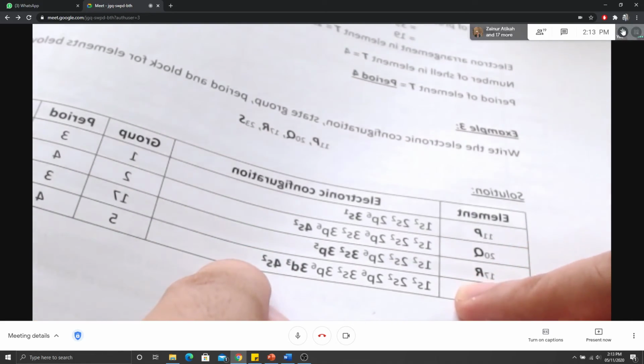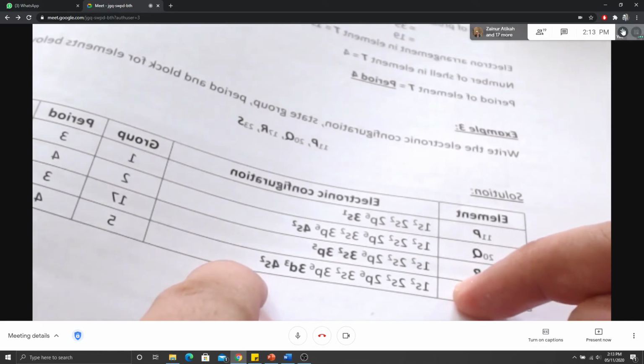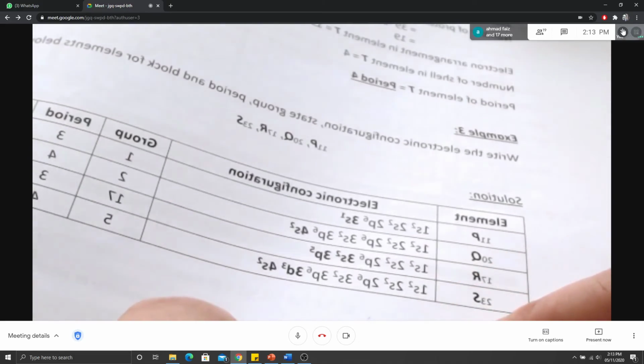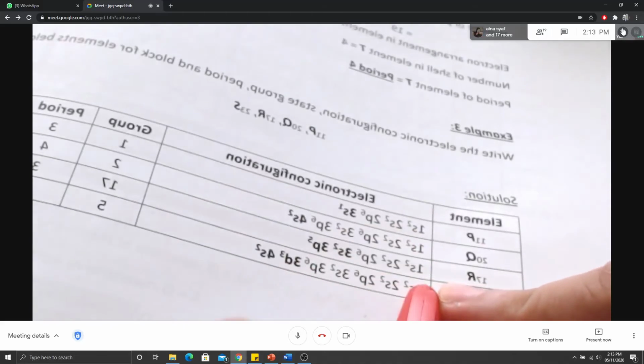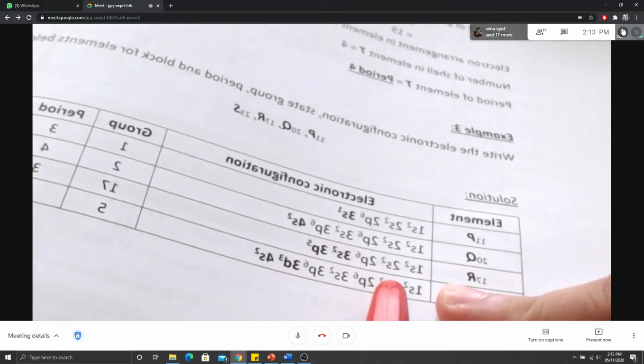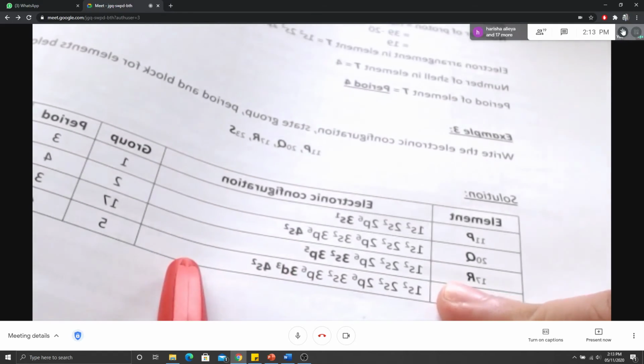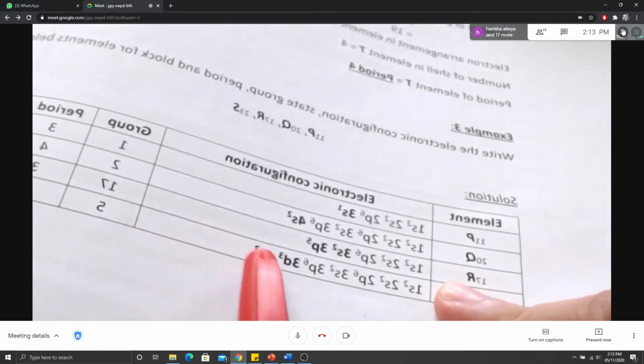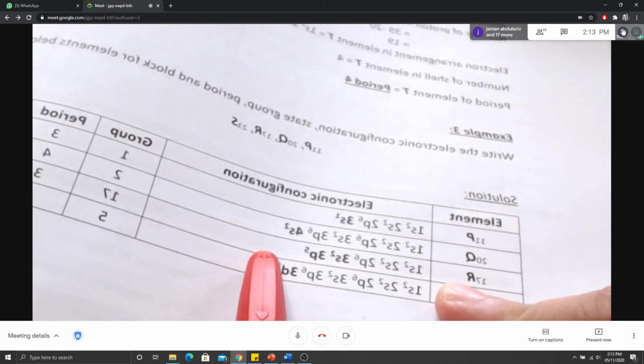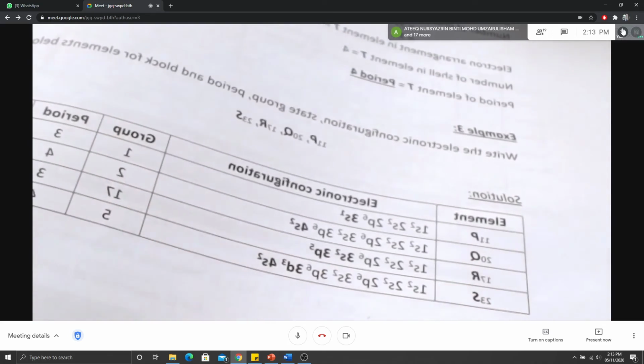Some books and some people prefer to susun balik supaya you nampak this is shell n equal to 1, shell n equal to 2, shell n equal to 3, shell n equal to 4. Dia susun nak bagi cantik je. Sebab sama je, awak tak susun balik pun tak apa.